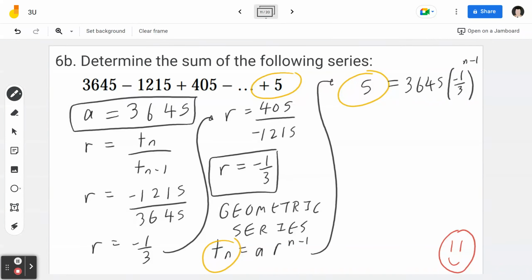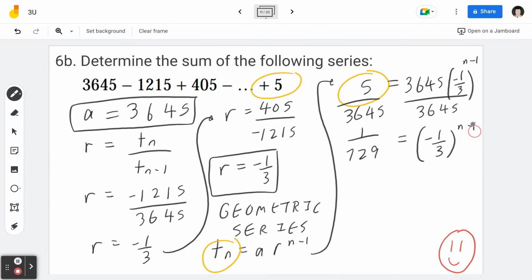To solve for n, the first step is to recognize the opposite of multiplying by 3,645 is to divide by 3,645. Again, if you think about this, on the left-hand side, this is basically 1 divided by 729. On the right, that's negative 1 over 3 to the power of n minus 1.